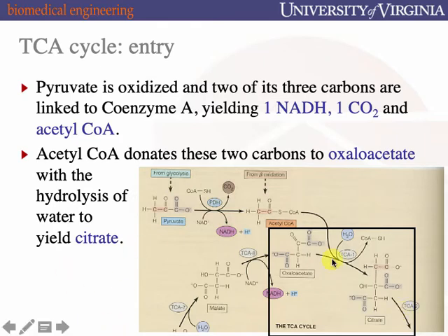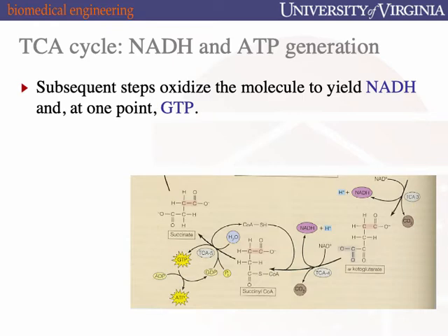And we'll keep track of the 2 old CO2s here, which are the ones that will actually get released in the form of CO2 as we go around the TCA cycle, as well as the 2 new ones that came in from the acetyl-CoA as output from glycolysis. We're just going to go around the bend here. So we go around, there are multiple dehydrogenation steps here, catalyzed by dehydrogenases.